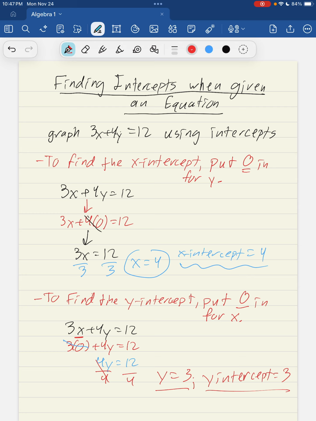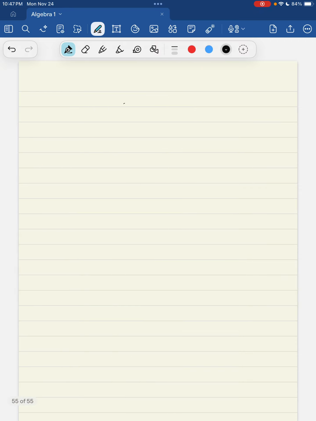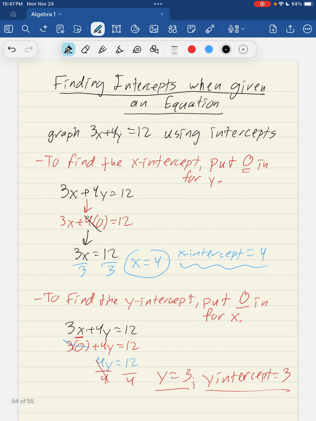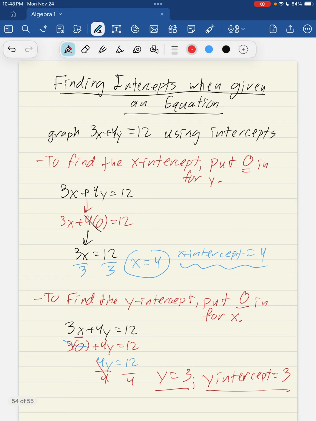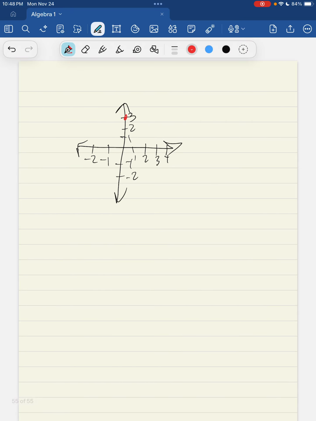Actually, maybe I can do that real quick. Let's do it on the next page. Remember: y-intercept of 3, x-intercept of 4. Here's my quick graph. The y-intercept is 3, so we go up to 3 and put a nice large dot.